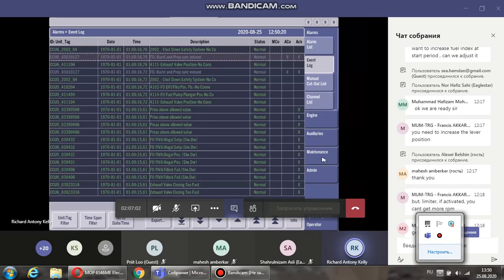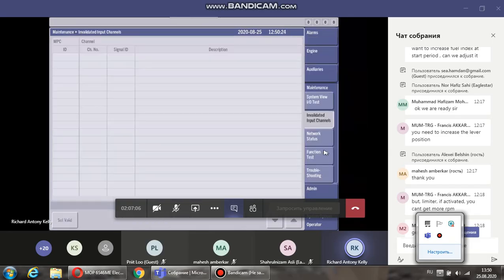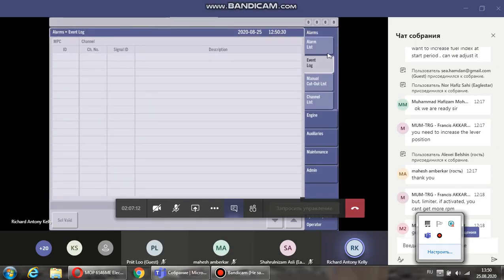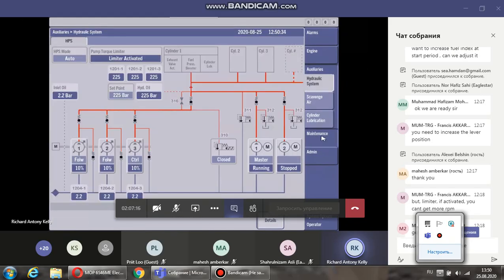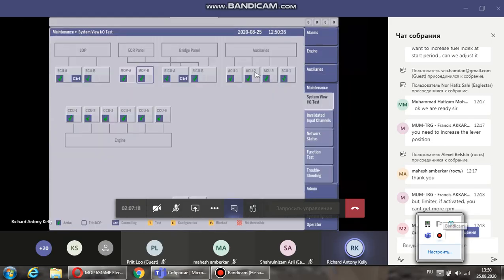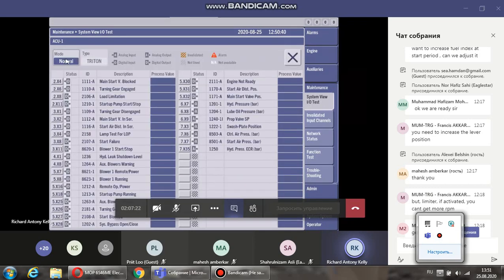We have the time to get through them now. Everyone's happy with invalidating channels. Everyone's happy with cutting out alarms. Everyone is happy with the input-output test. So taking a controller into test mode and checking outputs.